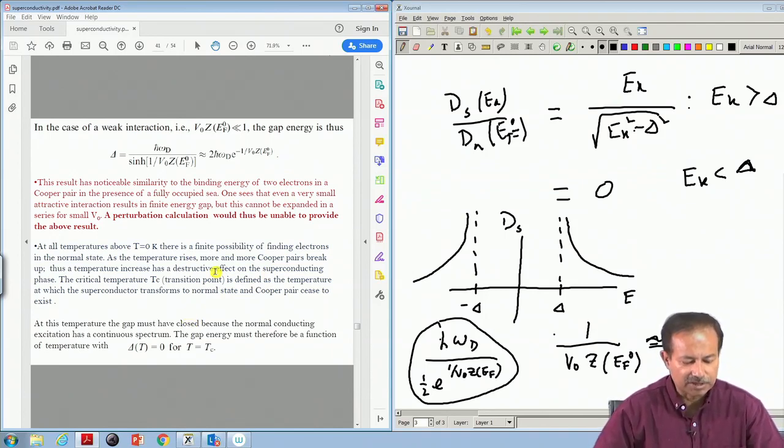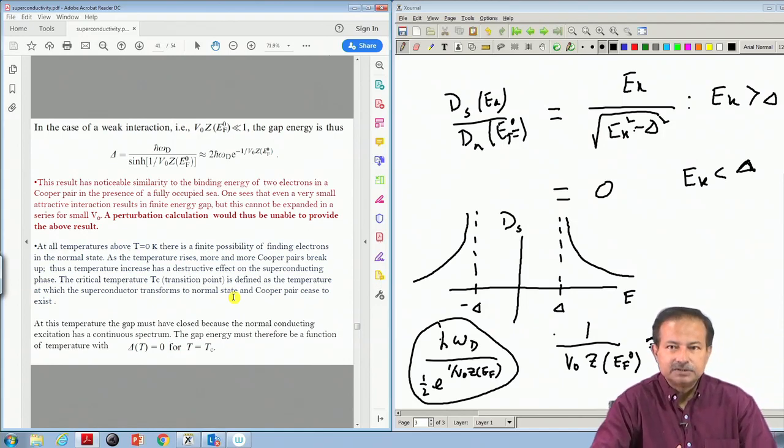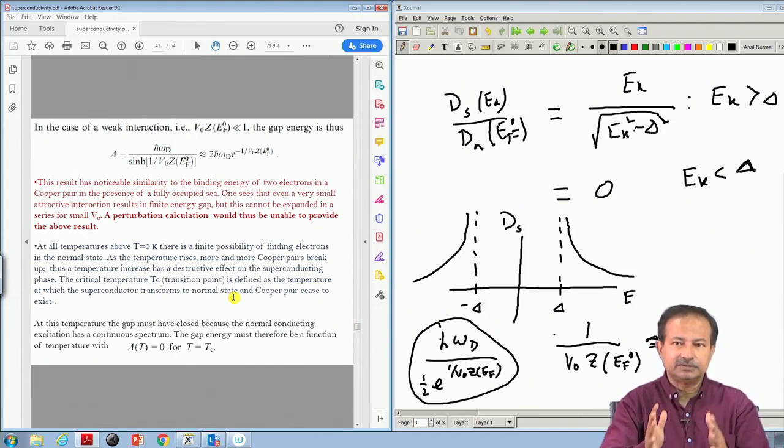Now, the question is we have to find out what happens above T equal to 0. Above T equal to 0, there will be some electrons in the normal state, and also some Cooper pairs will start breaking up as temperature increases. Remember, the wave function that BCS wrote down has a fixed phase throughout the entire system.